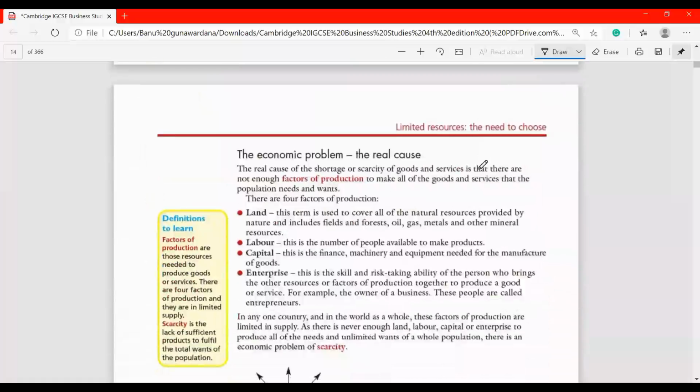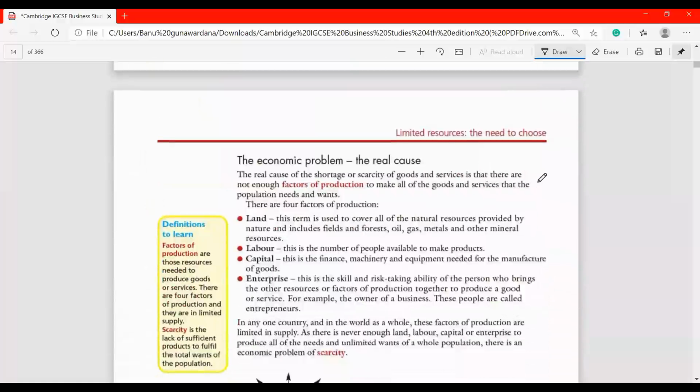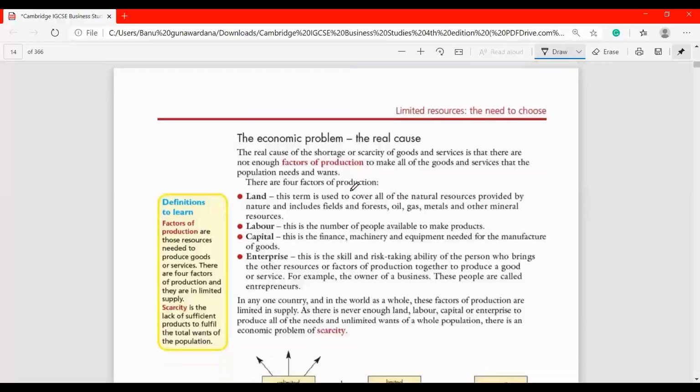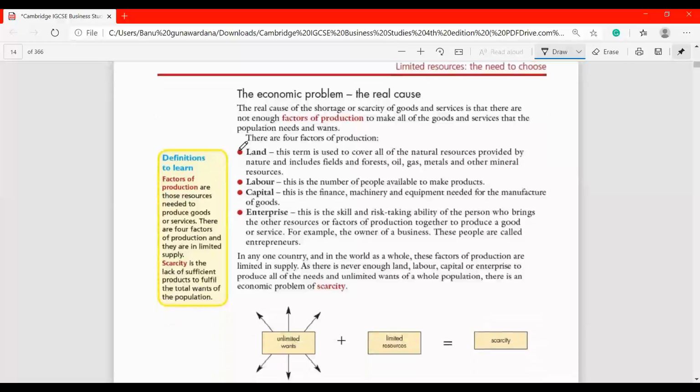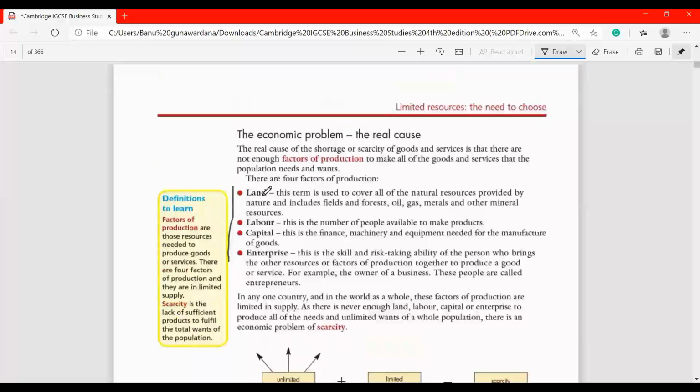So, as I have spoken about the factors of production, or in other terms, the resources, now we are going to learn about what the factors of production are in detail. So in business studies, we have understood that there are four main factors of production, which are land, labor, capital, and enterprise.